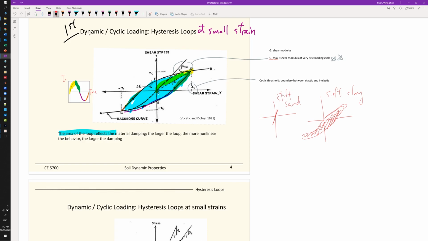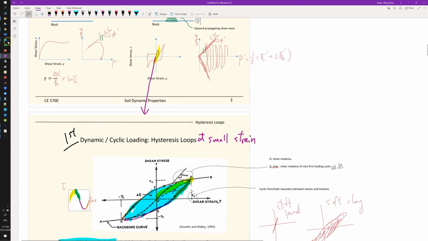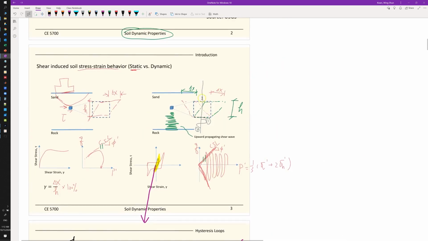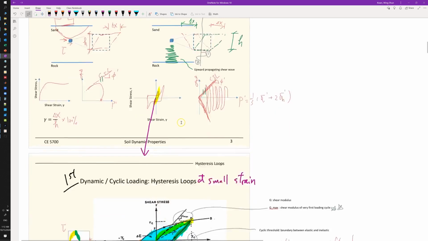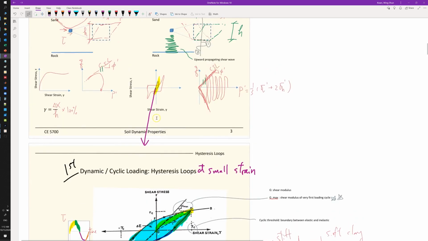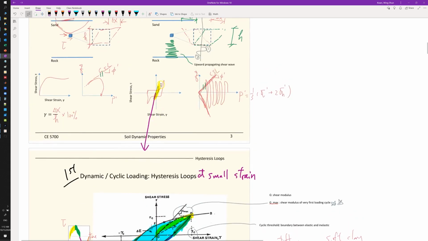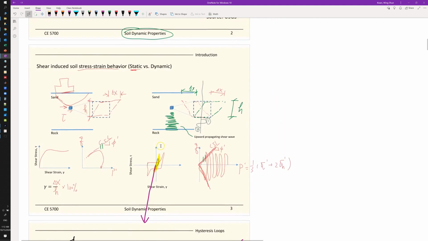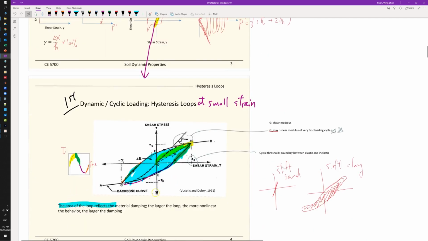So again, the whole picture is that we want to model the soil properties when you experience dynamic loading, which means an earthquake shear wave passing through it. The very important information is to look at the hysteresis loops, which means the stress-strain response reflected on the stress-strain plot.